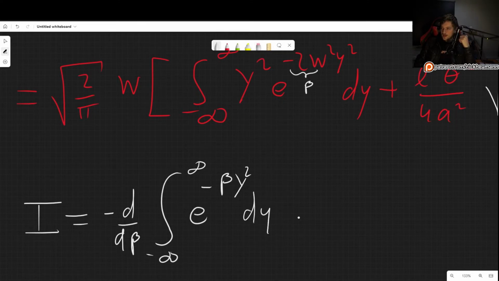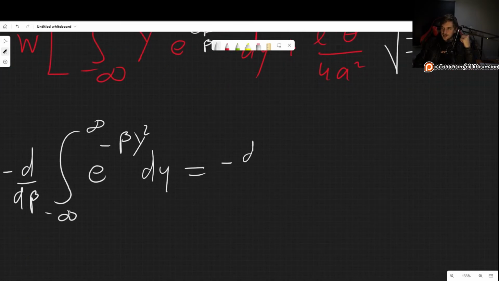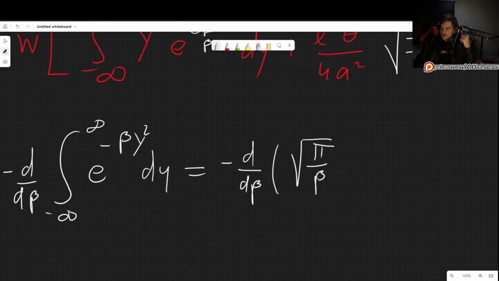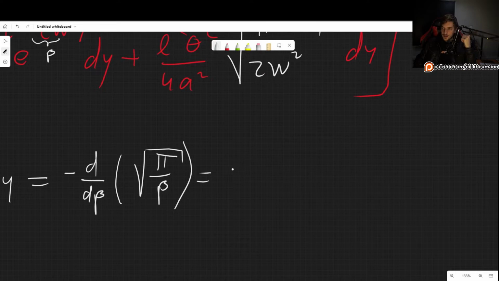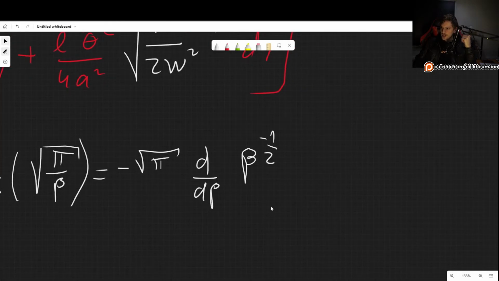And dy. And now this is a Gaussian integral. So we get minus derivative with respect to beta of square root of pi over beta. And for clarity, we can write this as minus square root of pi times the derivative with respect to beta of beta to the minus 1/2. So this is 1/2, because we get minus 1/2 times minus 1.